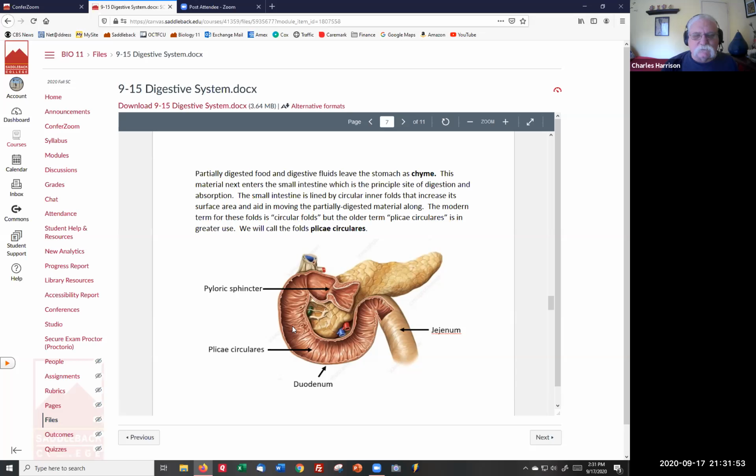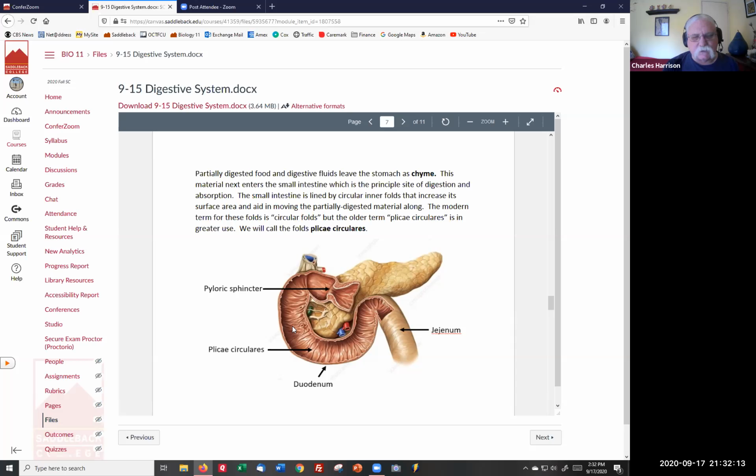Well, some things have already been partially, at least, digested in the stomach, but coming into the small intestine for further action are carbohydrates. Carbohydrates are not digested in the stomach. They wait until they get to the small intestine.